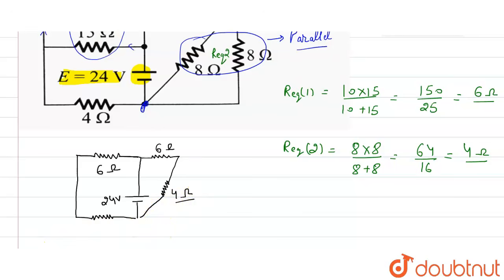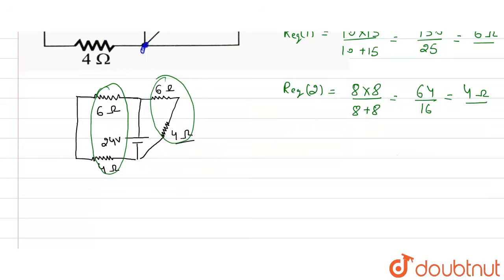And now we can see that this 6 and this 6, let me write this also, it is of 4 ohm. Okay, so now we can see that they both are in series, and these two are also in series. So let us find their equivalents and arrange them in a circuit.